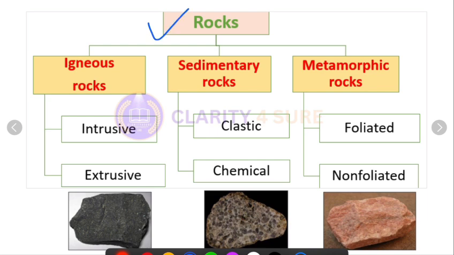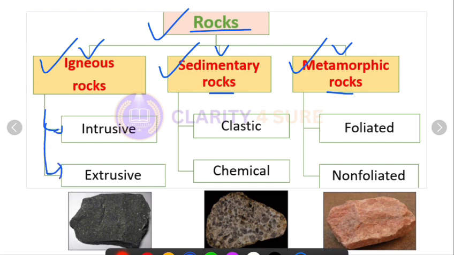We have different classes of rock, and under the classification, we classify rocks based on different methods of formation into three headings. First is igneous rock, second is sedimentary rock, third is metamorphic rock. Igneous rock is further classified as intrusive and extrusive rock.